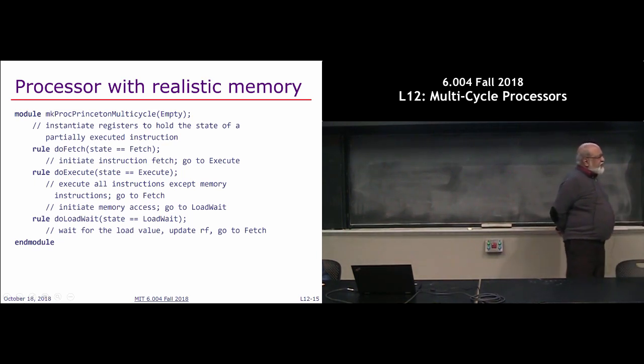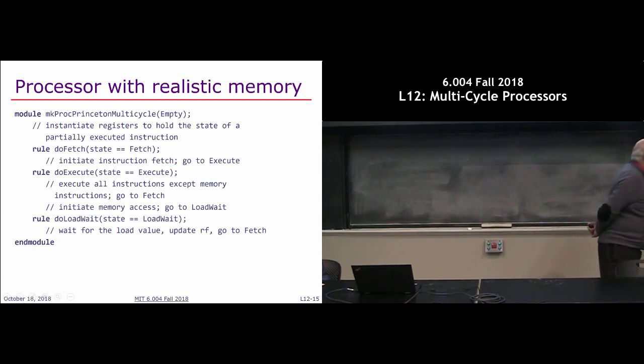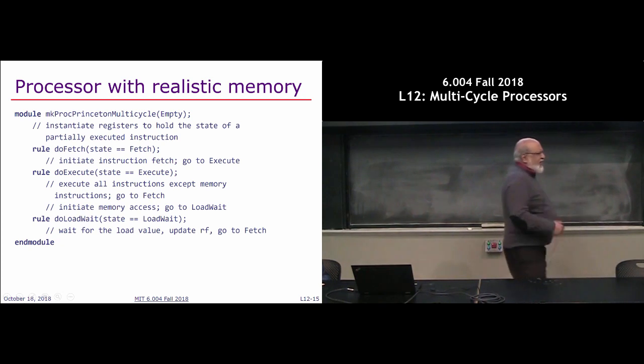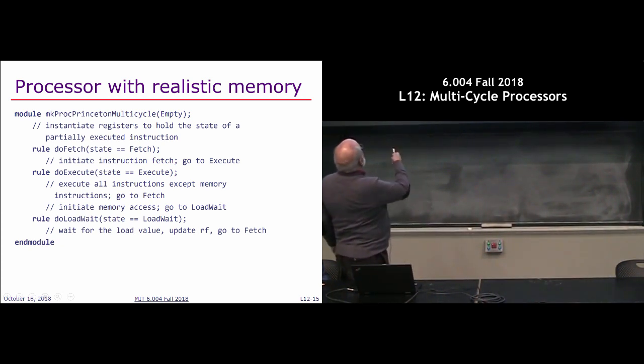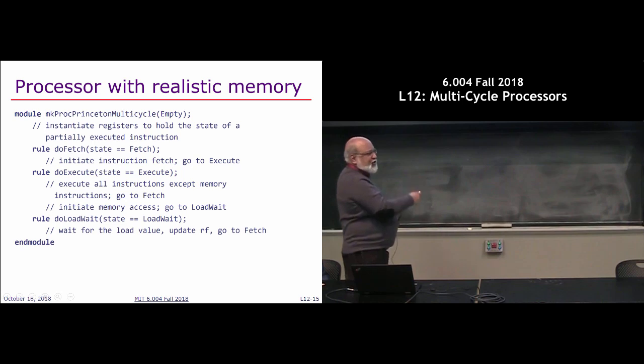Yes? Where is the instruction actually getting decoded? I should have written more details here. When you're in this state, you are getting the instruction, and once you have the instruction in your hand, you can decode, you can do register fetch, you can do execute, everything the moment you have the instruction.